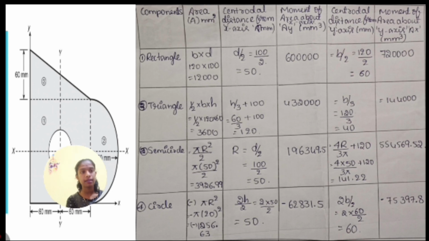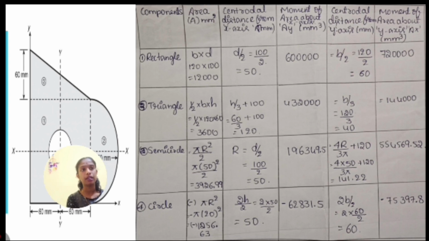And for a semicircle, we have 4r by 3 pi plus 120. 4 into r, we have 50. 4 into 50 by 3 pi plus 120. Total we get 141.22. And for a circle, the centroidal distance from the y-axis is 2b by 2. 2 into b is 60. 60 divided by 2, we get 60.